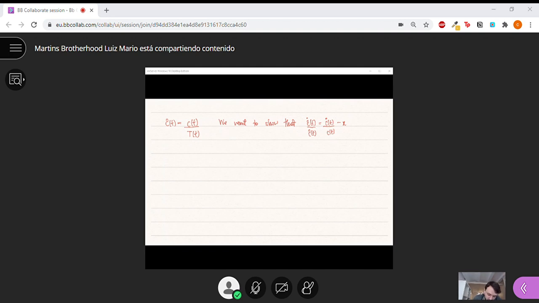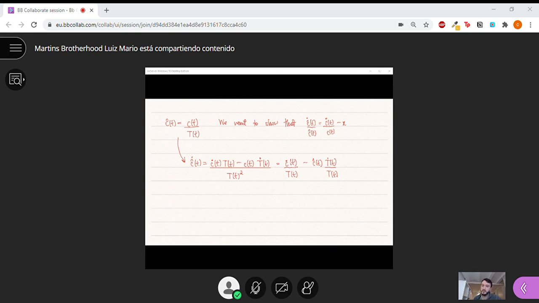We just need to take the derivative of the two sides with respect to time. Let's use the quotient rule: C dot T minus C T dot, over T squared. So this is C dot over T minus C hat T dot over T.